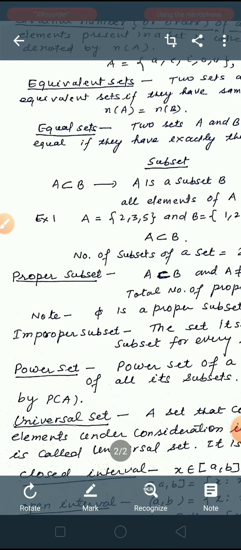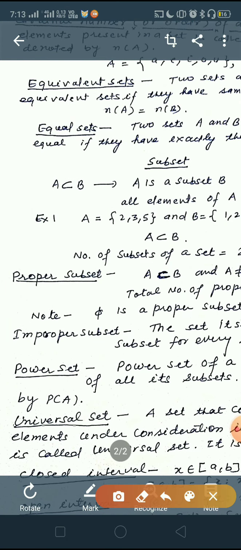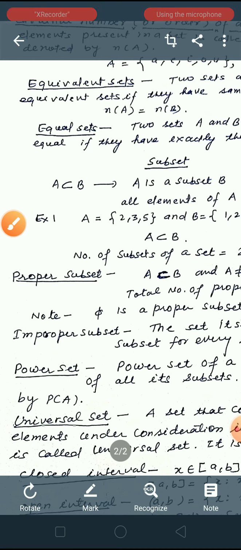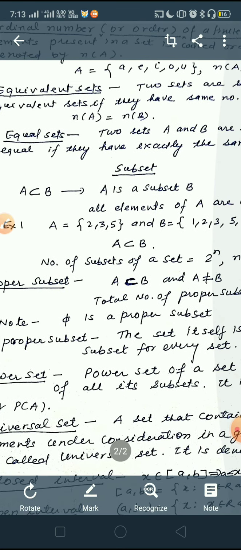Now our next is equal sets. Children, as you learned, in equivalent sets the number of elements matters. In equal sets, the elements matter. One set has elements and another set has the same elements. Then these sets will be equal sets.